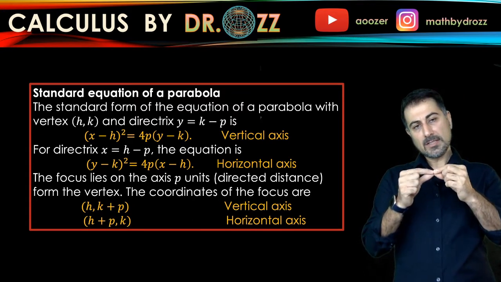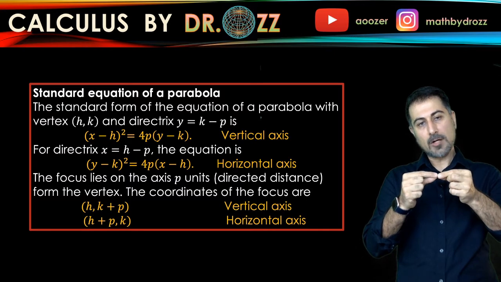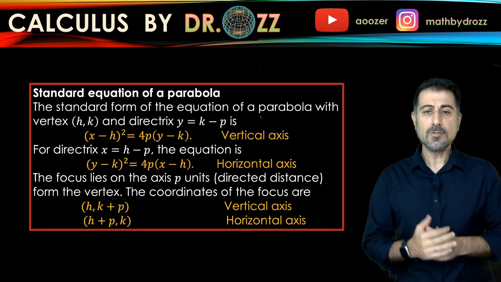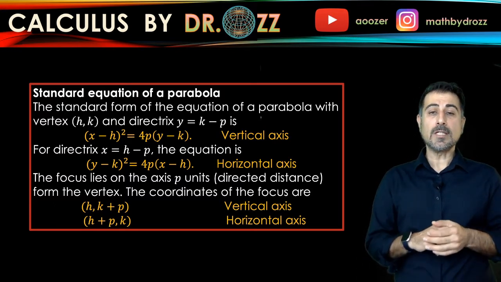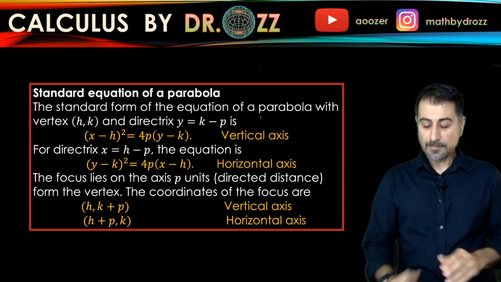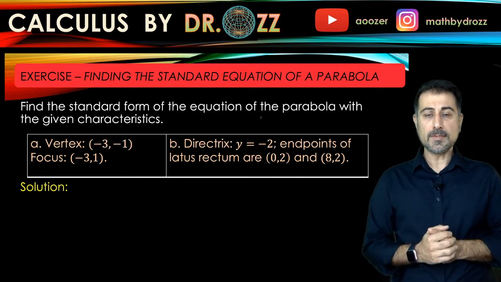And p is the distance from the center to the focus, as well as the distance from the center to the directrix. By knowing those, we are going to come up with the standard equations of parabola for each case. Let's get started because we have two examples to go through.